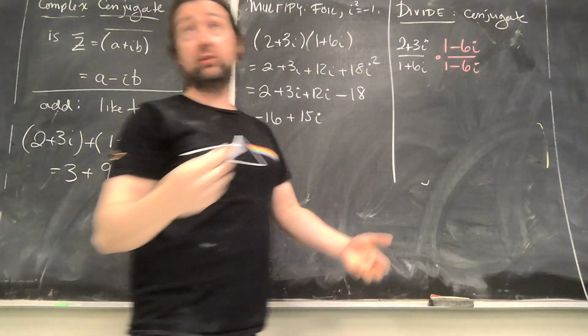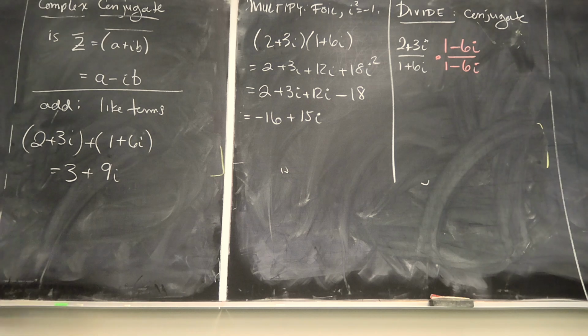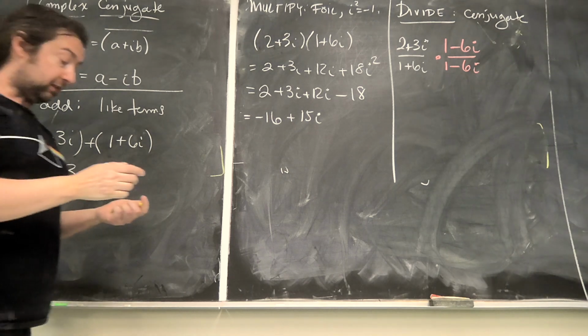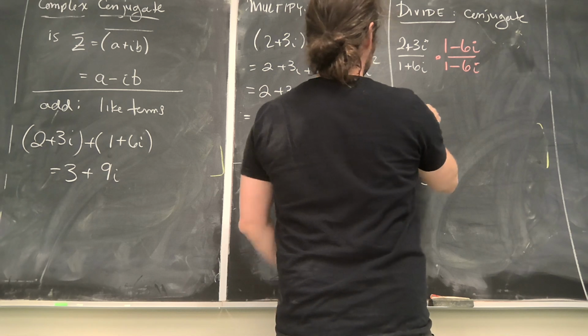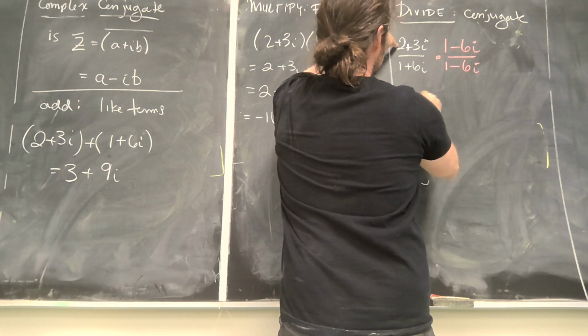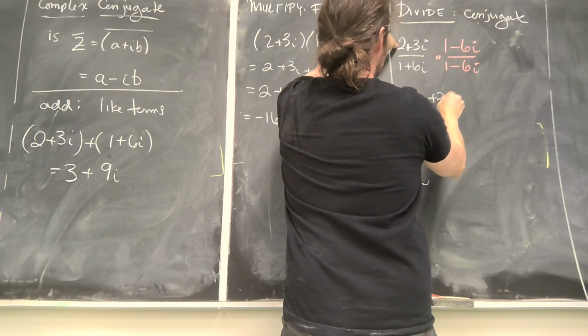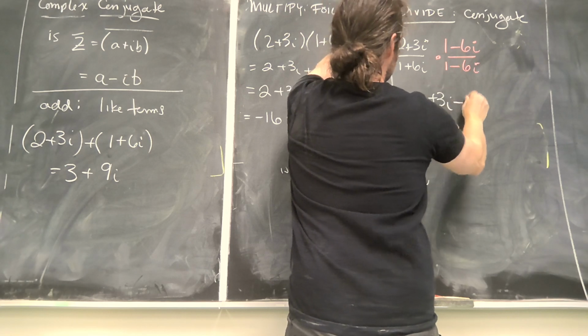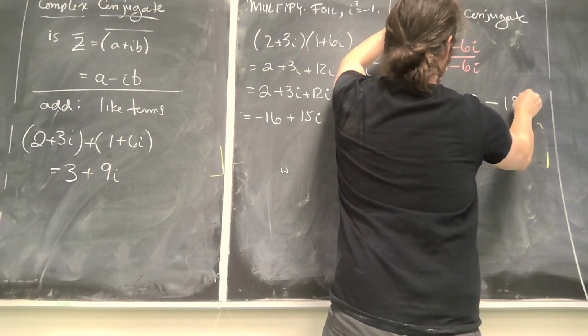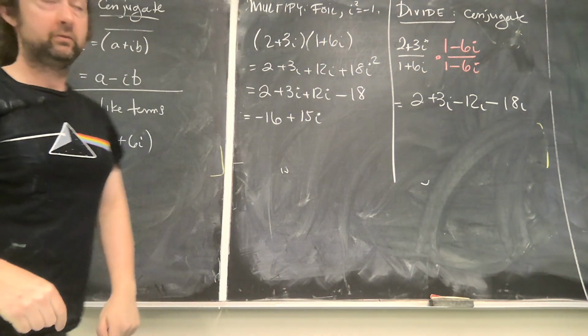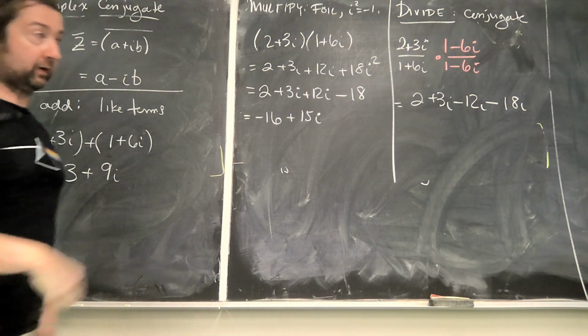And then I'm going to take advantage of the fact that the difference of squares formula exists. In the numerator, I just get the same multiplication step I did over here. So this is going to be equal to 2 times 1 is 2, 3i times 1 is 3i, minus 6i times 2 is minus 12i, minus 6i times 3i is minus 18i squared.